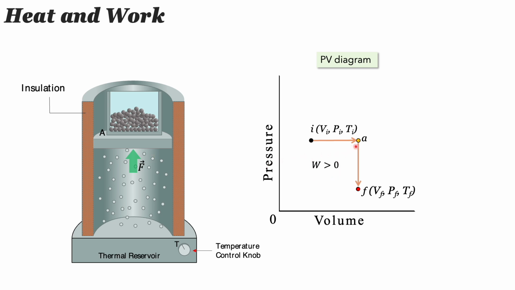But while going from the intermediate state A to the final state F, there was no work done. So the work done was 0 during this process because the piston did not move. So the system did not do any work during this transition. So the net work done was positive.